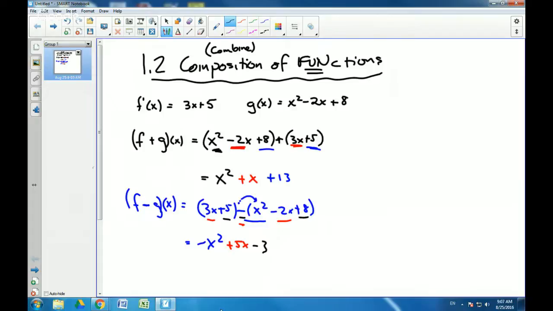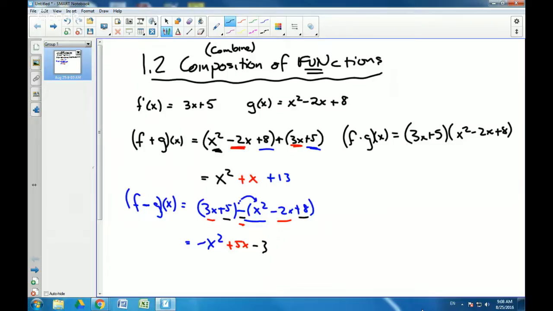You can multiply and divide these as well. It's going to get kind of nasty. Just not do it today. You remember how to FOIL, right?